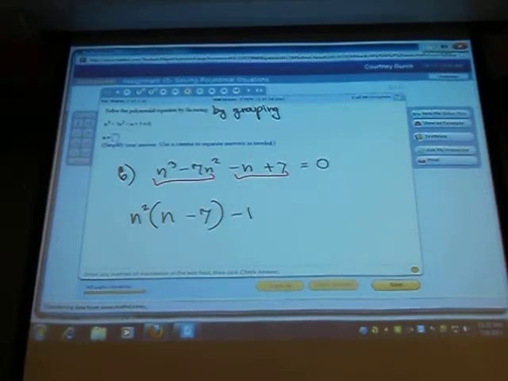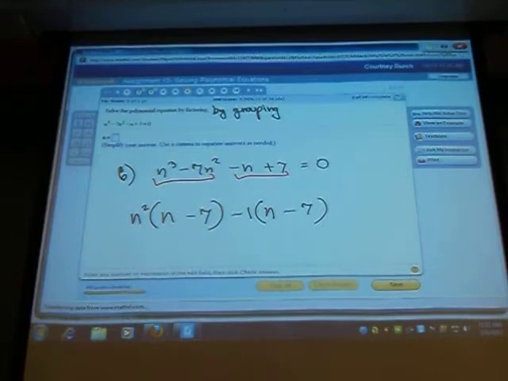Wait, can you take a negative 1 from a positive 7? It's like dividing by negative 1, so it's just going to flip your sign. If I divide negative n by negative 1, you get positive n minus 7.